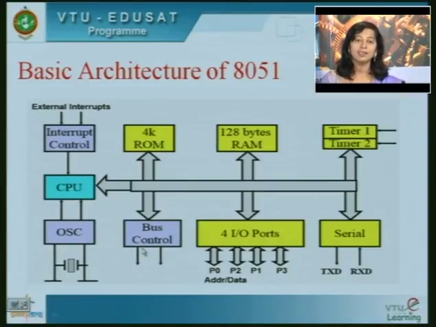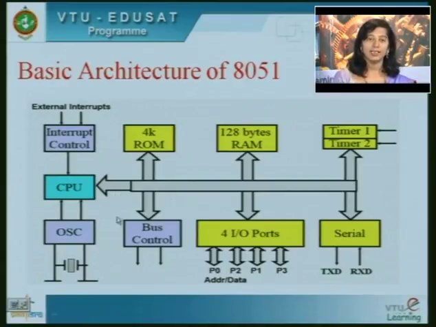Then we have bus control. All these interconnections shown between them, all these things with arrowheads, are called buses. Generally, a bus is a collection of data lines, and they are used to interconnect the different devices present on the MCU.